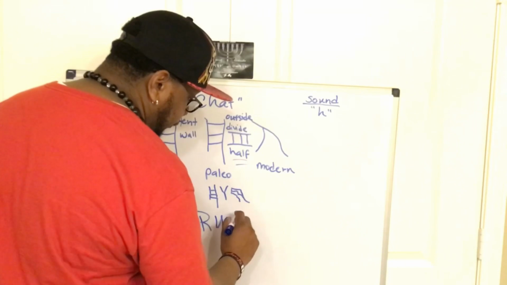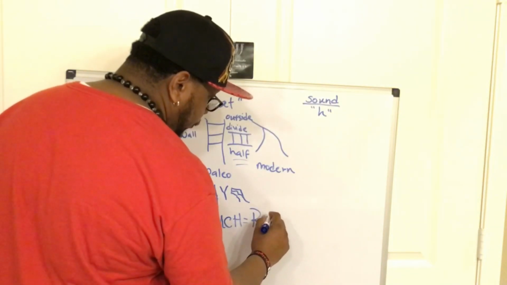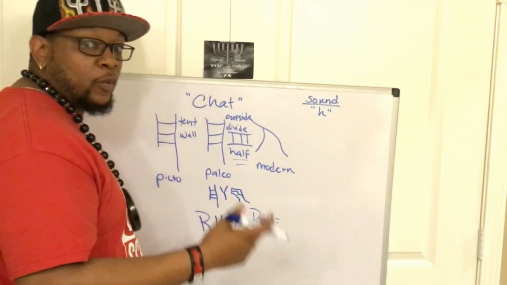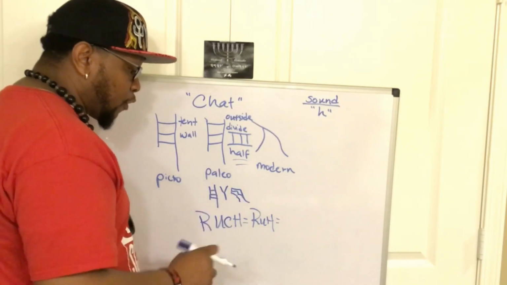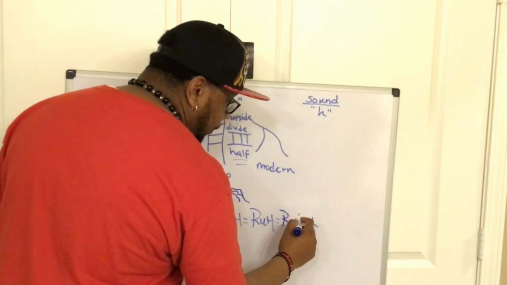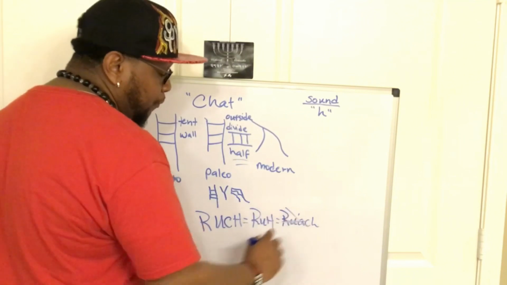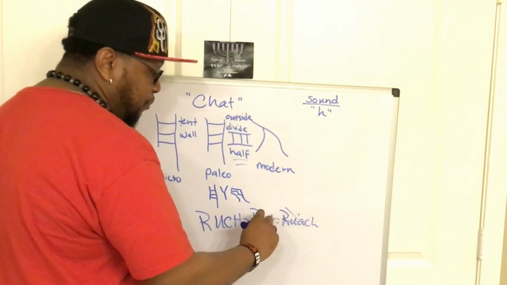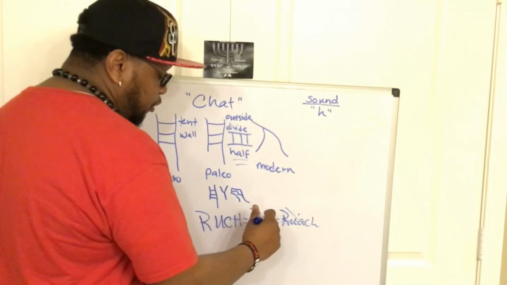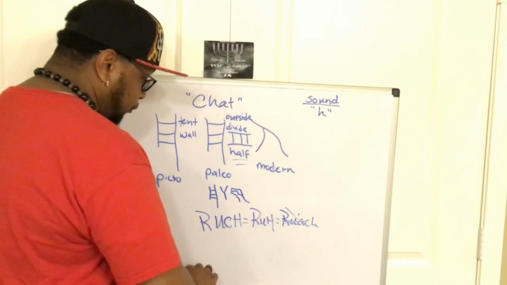Wa Het is pronounced Ru. So a lot of times when you hear me teaching, I say Ru. Some people think that's just the short form of me saying Ruach, but it should not be Ruach because they don't have the phonics in there like that. It's actually Ru. But for understanding purposes, a lot of times you hear me say Ruach, so that people who are learning it understand what I'm speaking of, but it should be Ru. Ru is just the H sound.